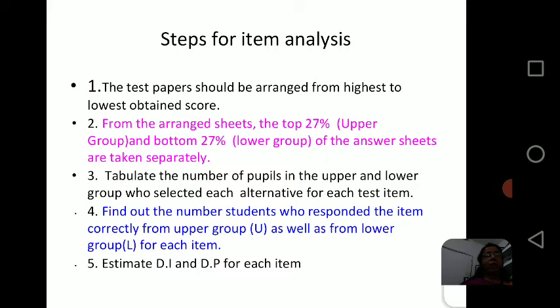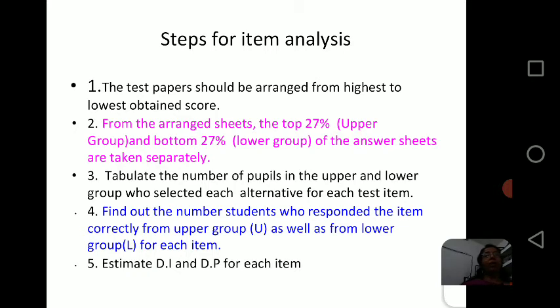From the arranged sheets, take the top 27% and bottom 27%. The top 27% is the upper group and the bottom 27% is the lower group. If the sample size is 370, the top 27% is 100 students, and the bottom 27% is also 100 students.